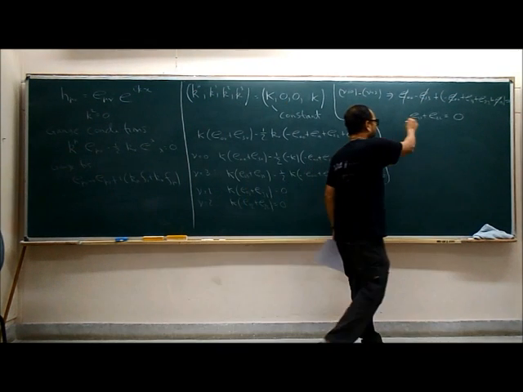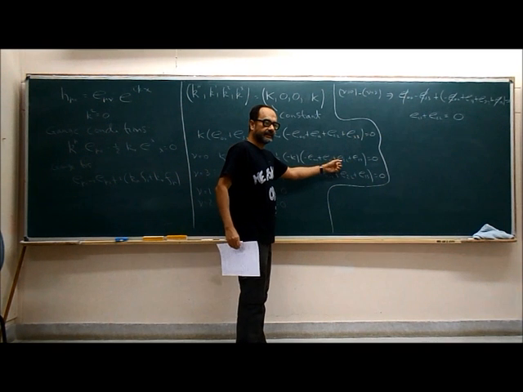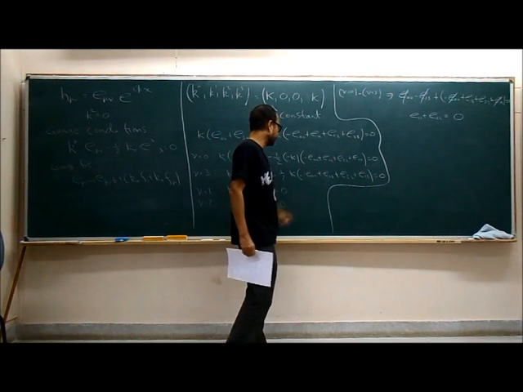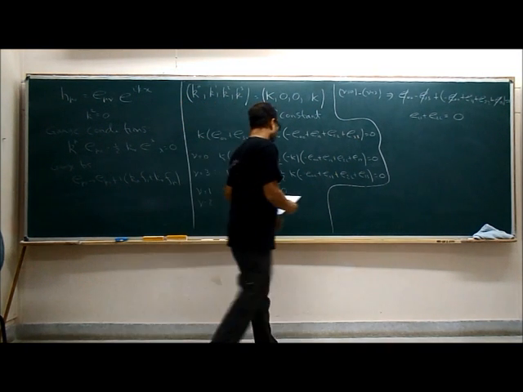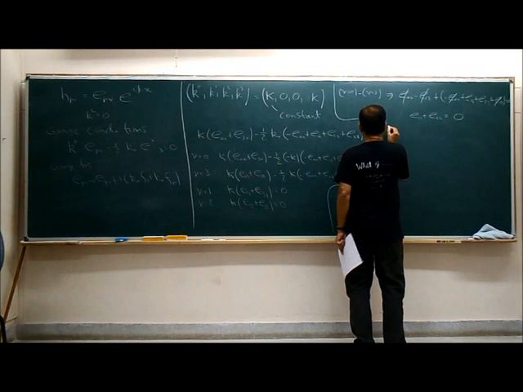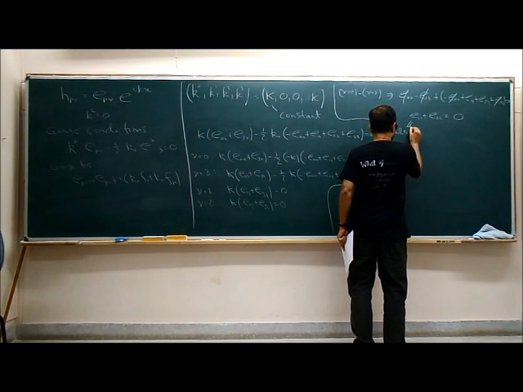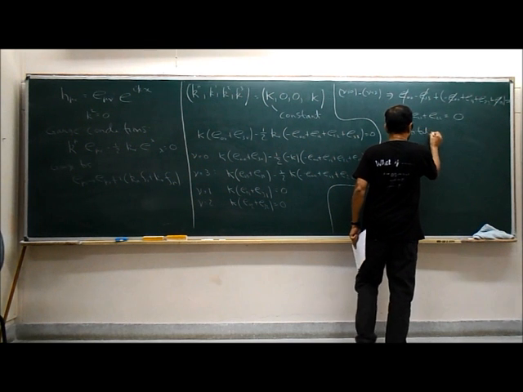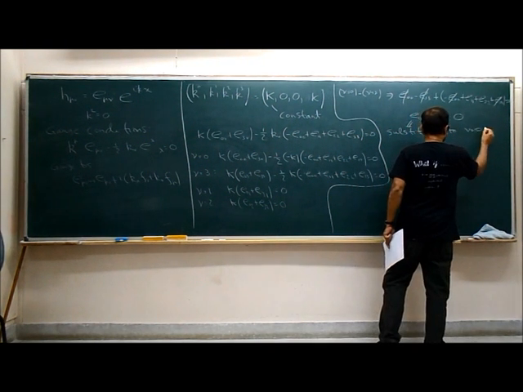Once you have gotten E11 plus E22 equal to 0, we can substitute it into the mu equal to 0 equation.